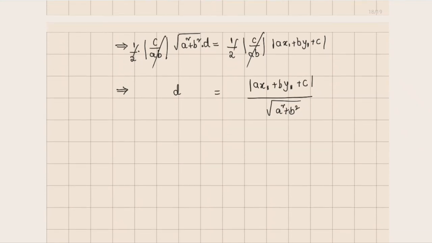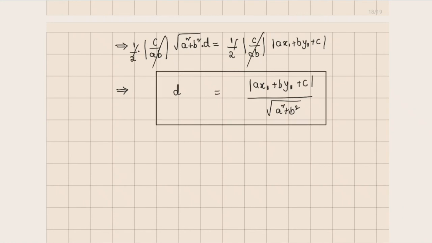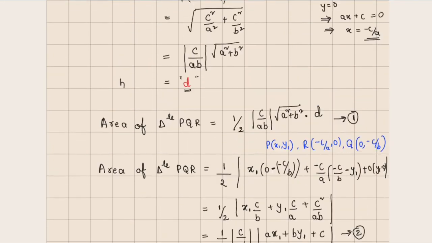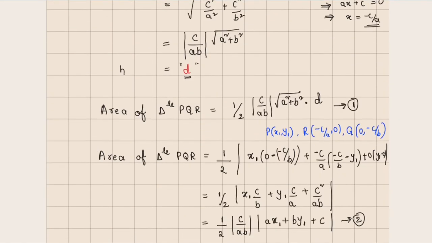So this is d. Let's box it. So this is d, the distance d from a point to a line.